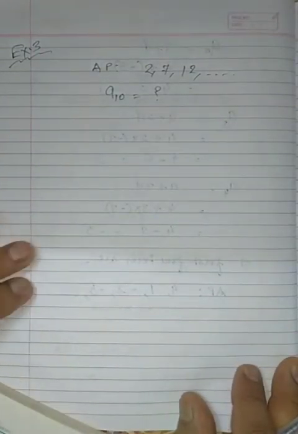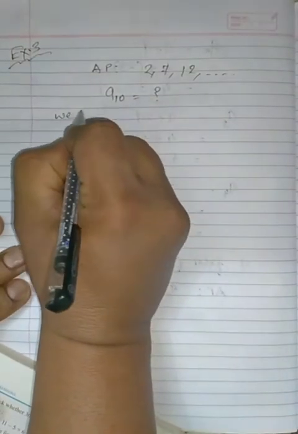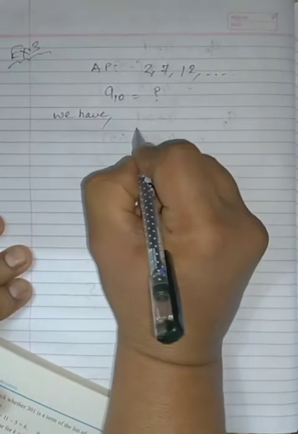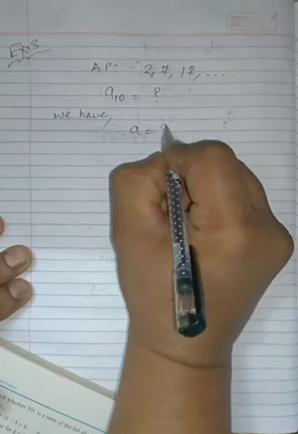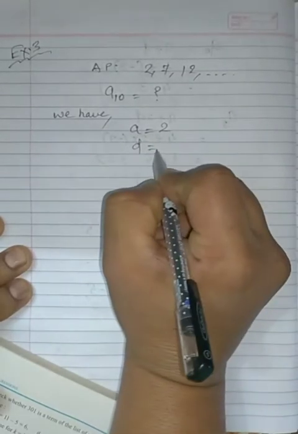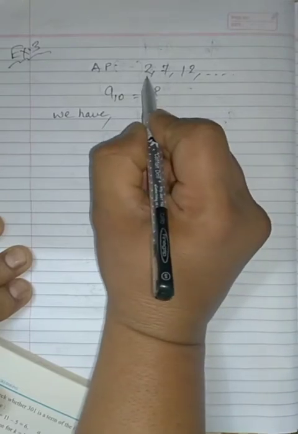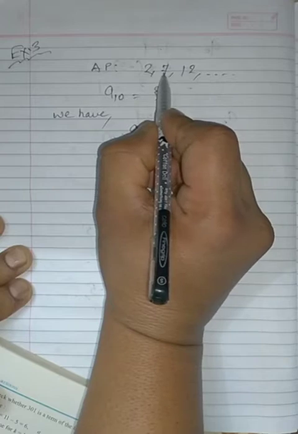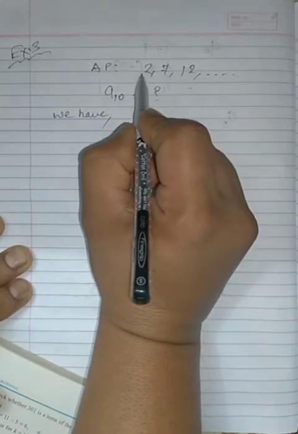From the AP, the first term A is equal to 2, common difference D is equal to second term minus first term or third term minus second term. That means from the succeeding term, the preceding term will be subtracted.